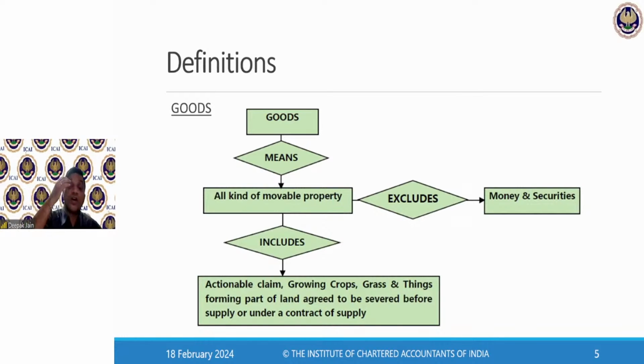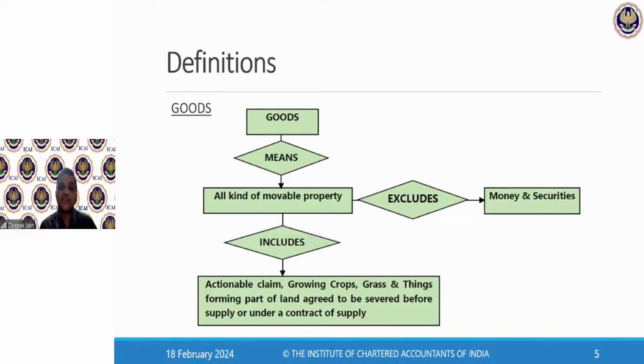Goods means all kinds of movable property, and it includes actionable claims, growing crops, grass, and things forming part of the land agreed to be severed before supply or under a contract of supply, and it excludes money and securities. Okay, excludes money and securities. So money is a movable property, but still it is outside goods because money is only a tender to buy some goods and things like that.